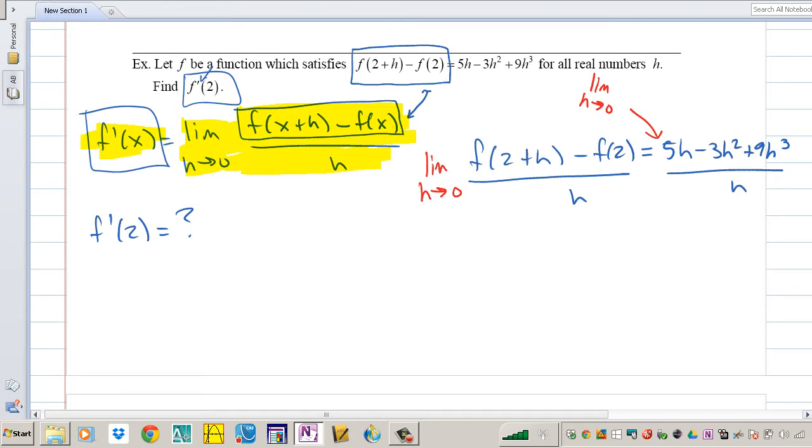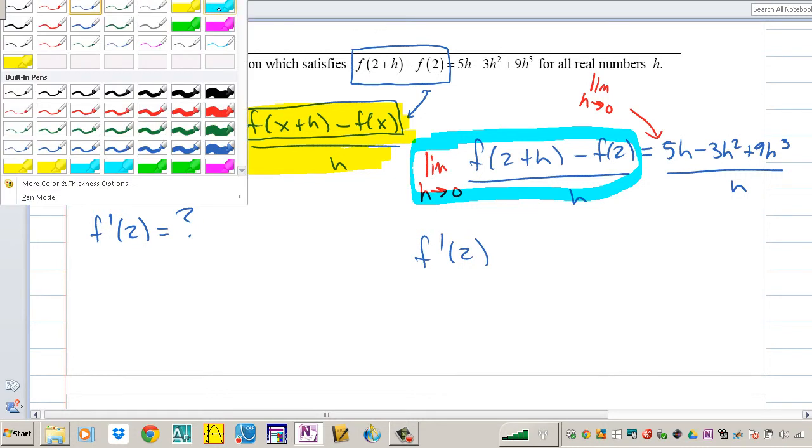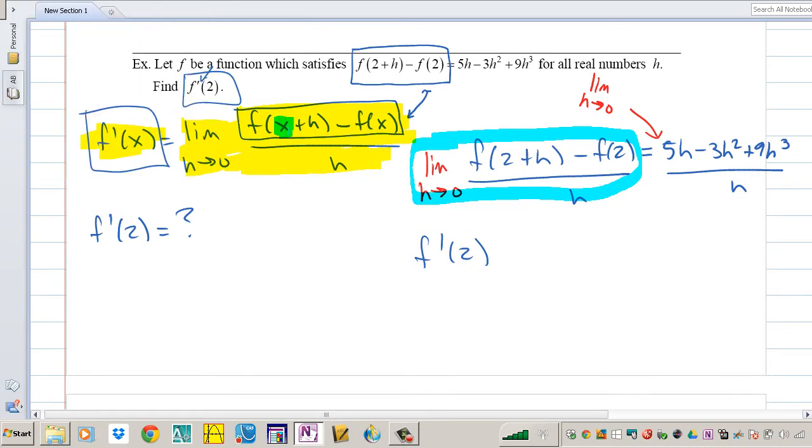This means that this whole part right here represents f prime of 2, because notice that in my derivative equation I have x and x, but over here I have 2's and 2's, so that means I'm taking the derivative at x equals 2. Okay, let me go ahead and proceed. So all of this mess equals f prime of 2.